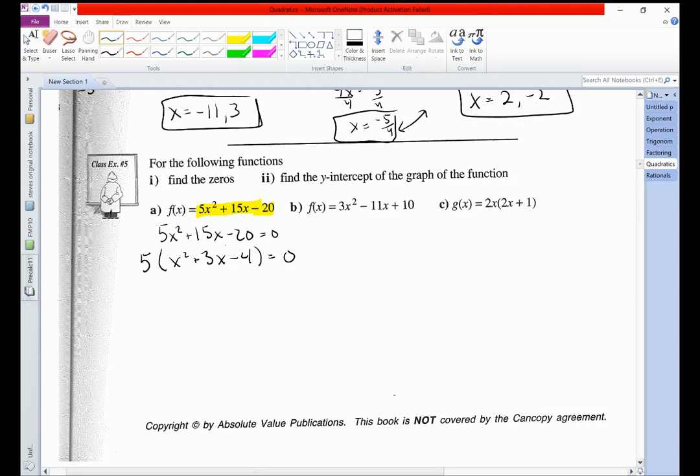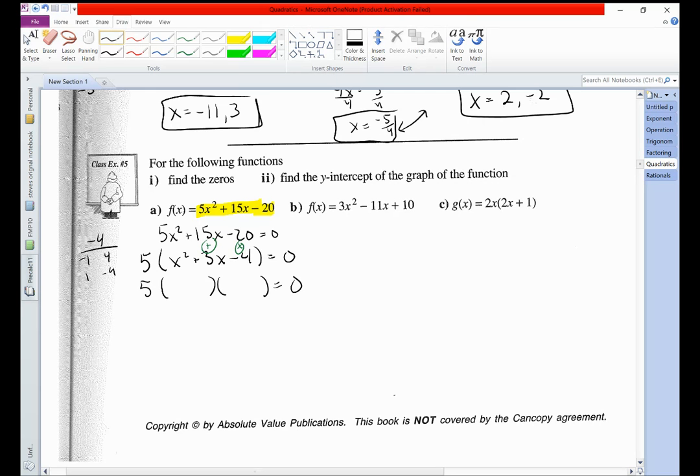And now I have a trinomial with no constant in front of the x squared, so I can factor that with inspection. So two numbers that multiply to -4 and add to +3. So we can say multiplying to -4: -1 and 4, 1 and -4.